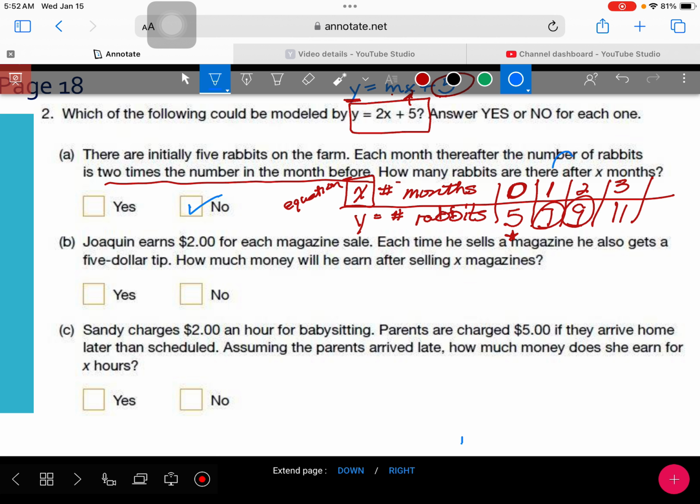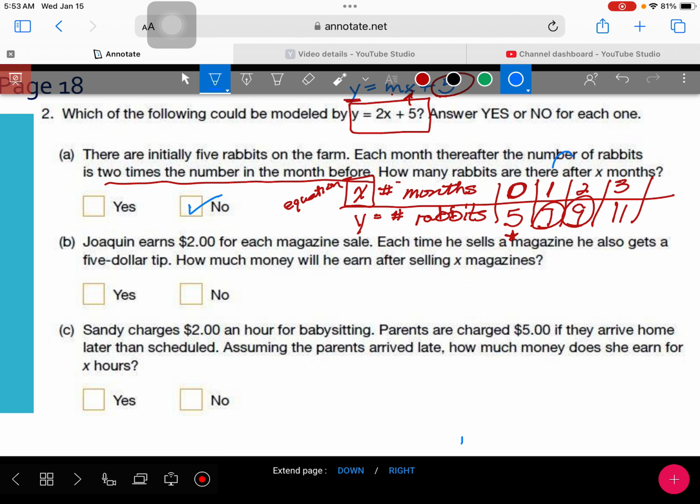Okay, so Joaquin earns $2 for each magazine sale. Each time he sells a magazine, he also gets a $5 tip. Okay, so how much money will he earn after selling X number of magazines?